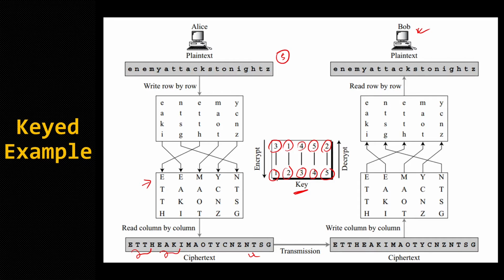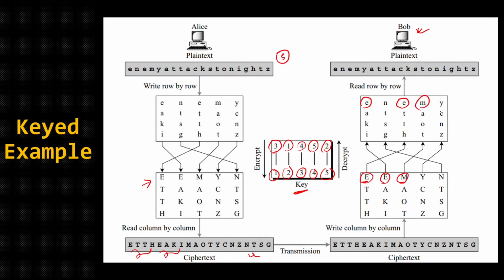So here you see that position 1 is this one. This position 1 will be changed to position 3 in the plain text. So this E will be changed to position 3 in the plain text. Then position 2 will be changed to position 1 in the plain text. Position 3 will be changed to position 4.